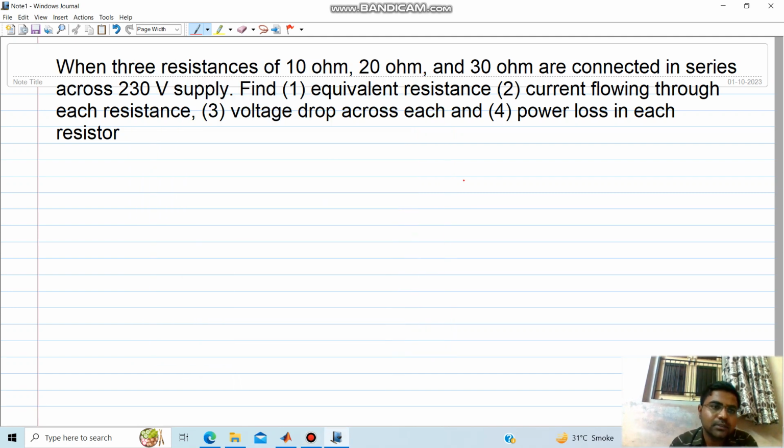So hello friends, in this video we are going to discuss this particular example. Now once you have a closed loop in this example, there are three resistors connected in series.